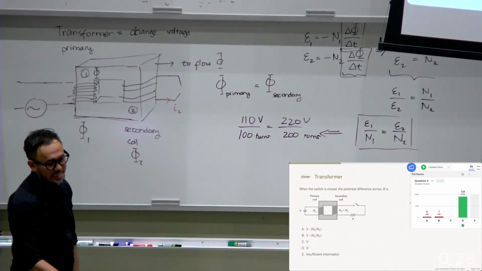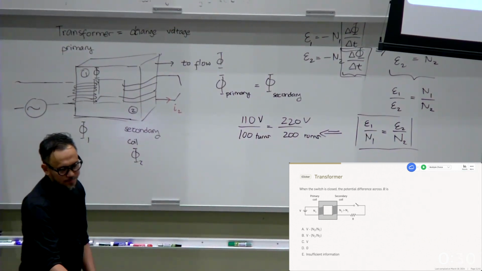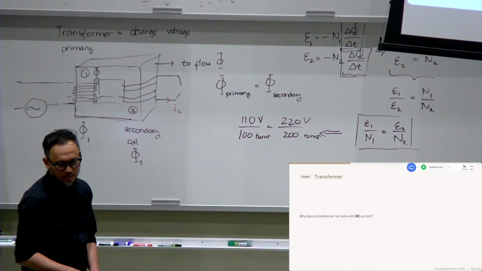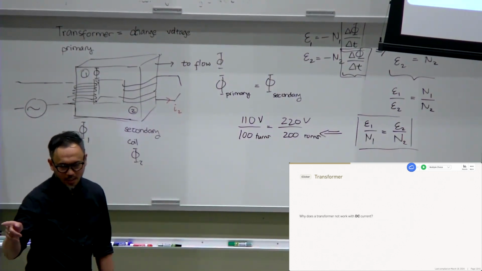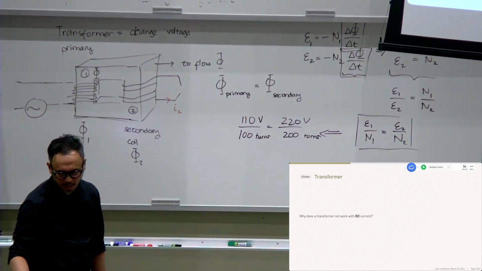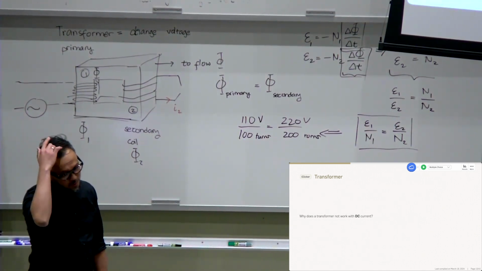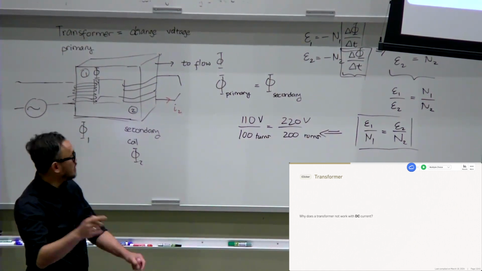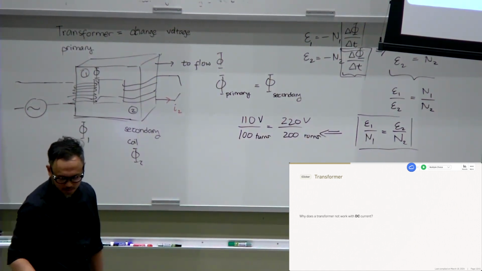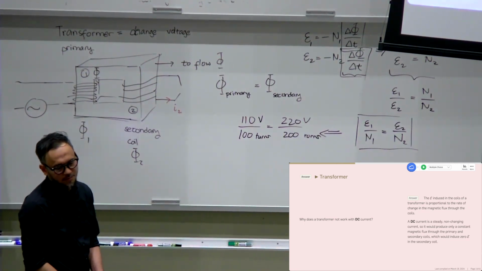The answer is B. And then Eli asked this question: what happens if it's driven by DC? And Holden answered that there is no current. Basically, the voltage is 0.